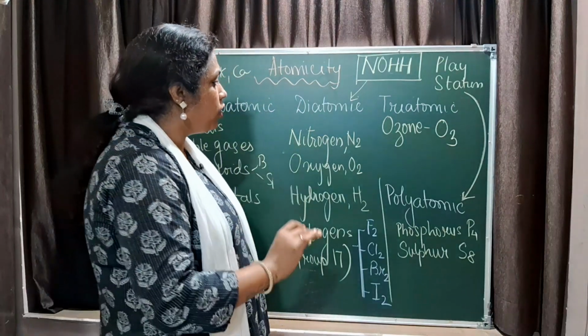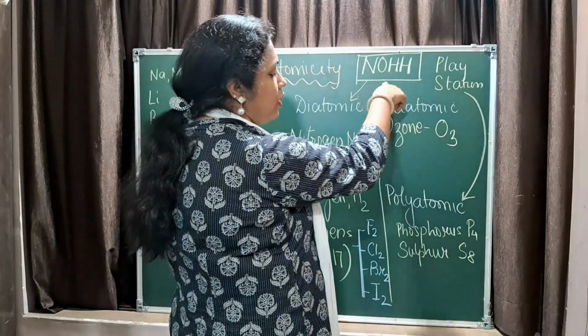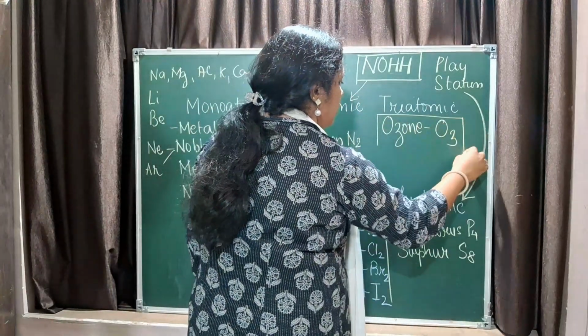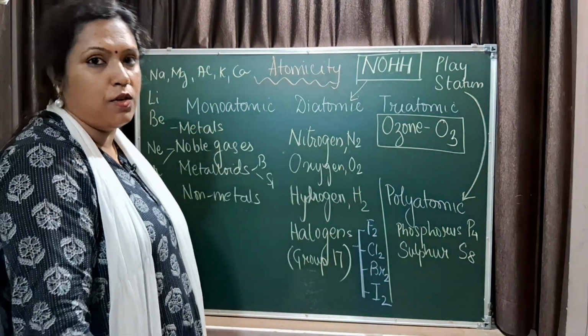And in molecules of elements you have to remember, no is diatomic, phosphorus is polyatomic. Ozone, you have to remember, is another form of oxygen only. So ozone has 3 atoms of oxygen.